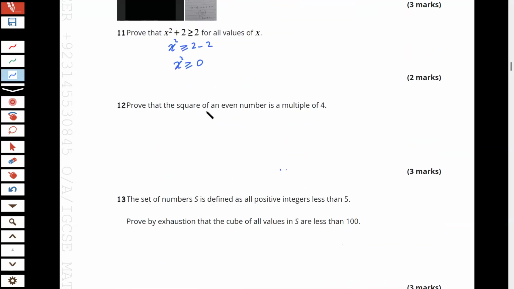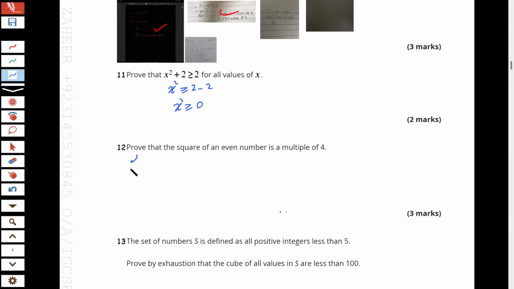Prove that the square of an even number is a multiple of 4. So let we have an even number equal to 2n. So we have to take a square. So that will be 2n square. That will be 4n square. So clearly it is a multiple of 4.